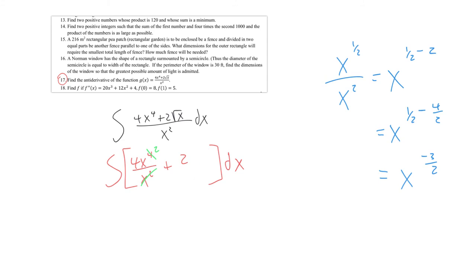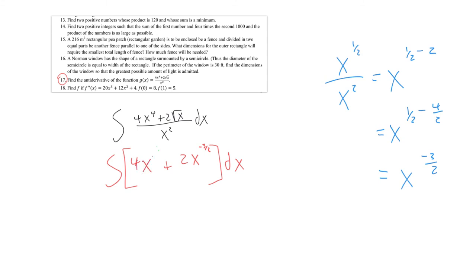So I'm just going to simply replace it with that, x to the negative 3 over 2. And while I'm at it, I'll just save space by just remembering that that's gone, and really it's 4x squared. So we're just going to use the eraser.